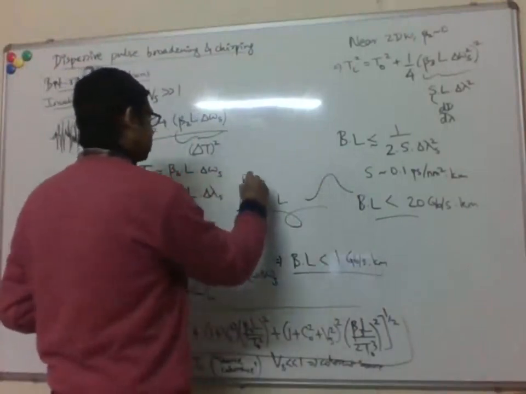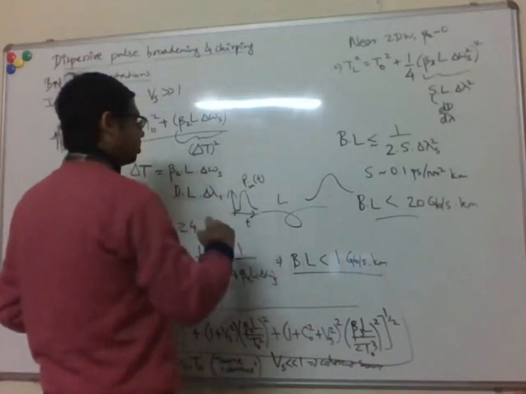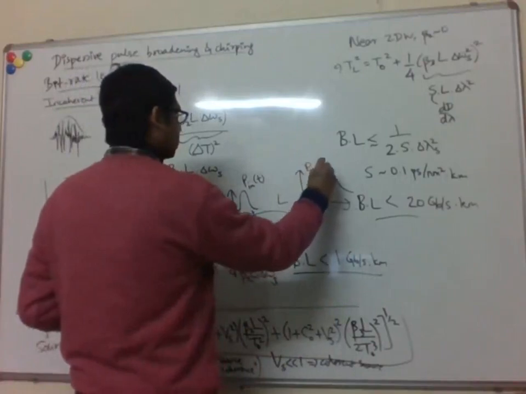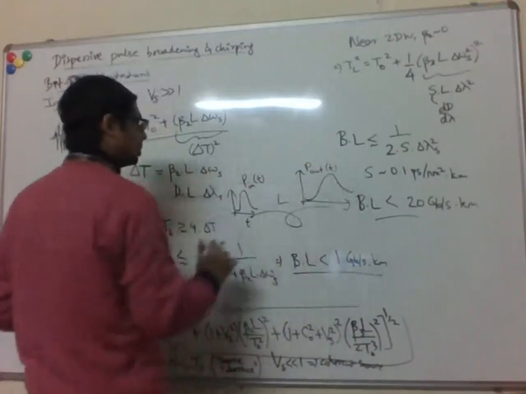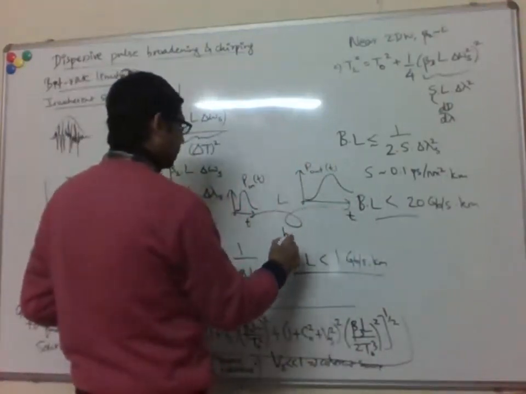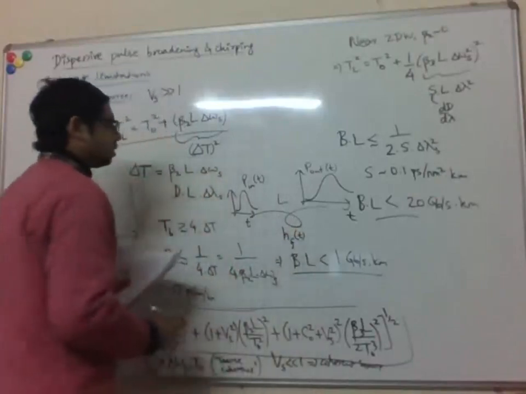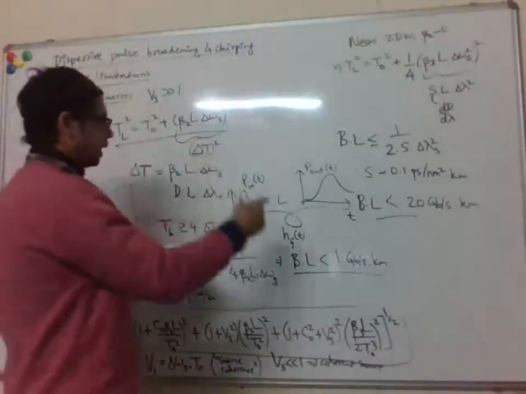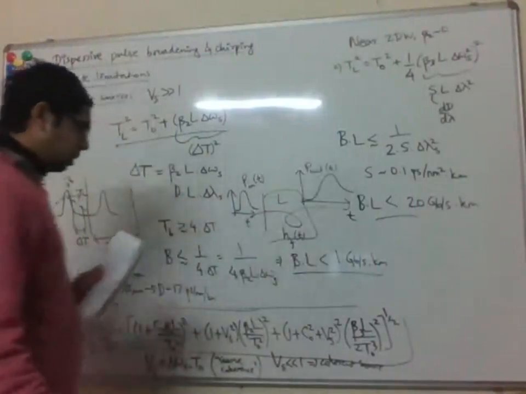If you take the input, power versus time, the input pulse, and then the output is some function which is broadened, then we can define a fiber transfer function here, like h of t. Consider this as a linear system which transforms the input pulse into the output pulse.